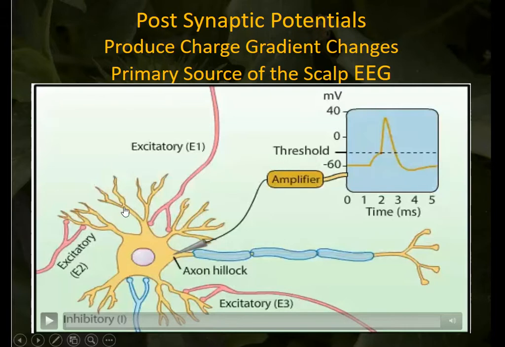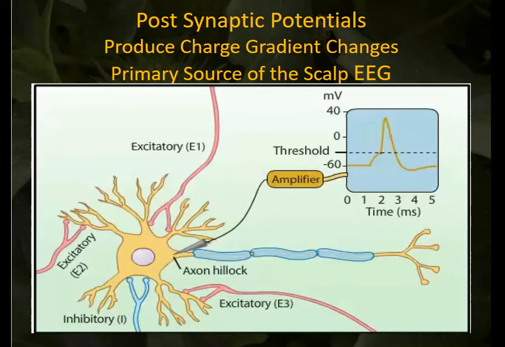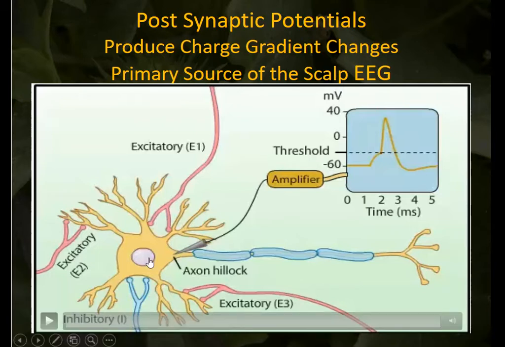So all of these postsynaptic potentials produce those kinds of changes in the cell, and that's what we read on the scalp surface. So what we read on the scalp surface as EEG is the result of multiple influences affecting the excitatory and inhibitory postsynaptic potentials within these cells.